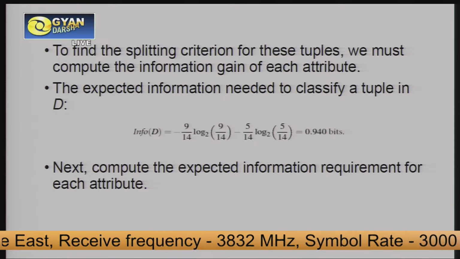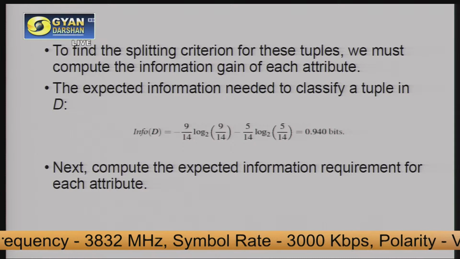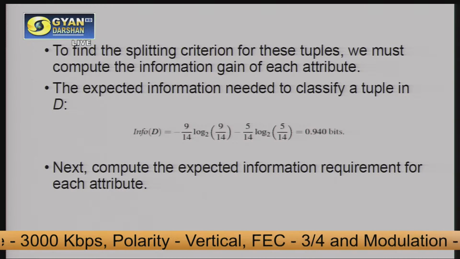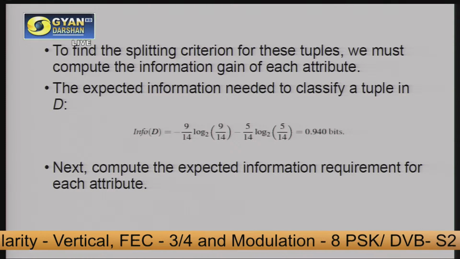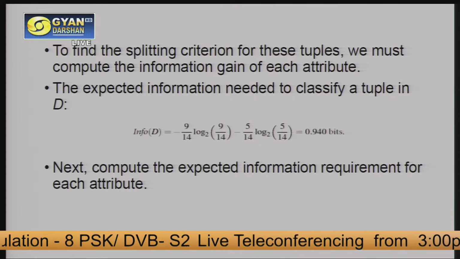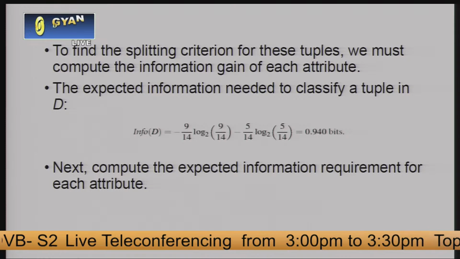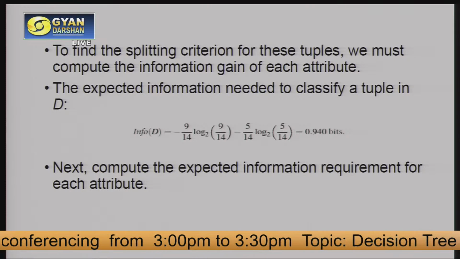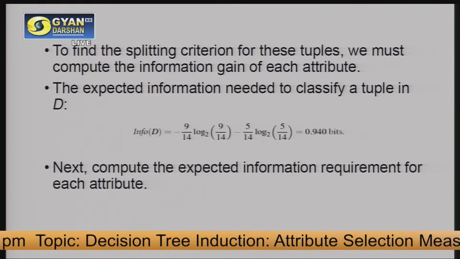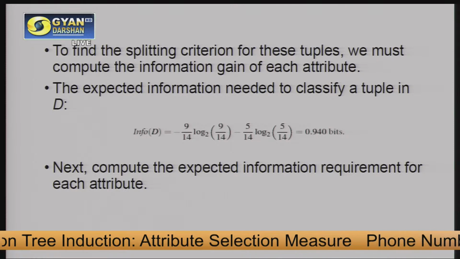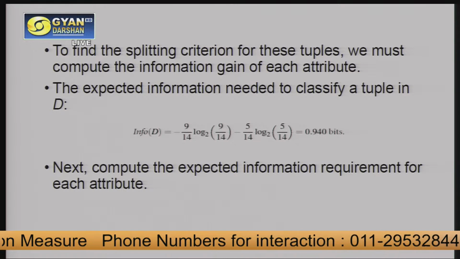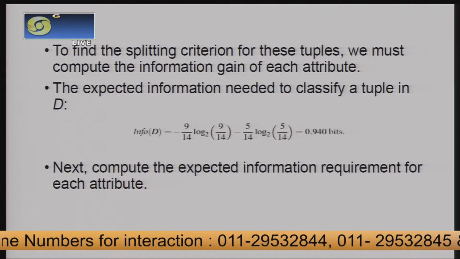So we will start with the expected information to classify a tuple in D, by the formula we have seen earlier. If you put in the values, we have Info(D) equal to minus 9 by 14, because 9 is yes and 14 is the total number of values we have, right? Then log base 2 of p_i, where p_i is 9 by 14, calculated for the yes, and then minus 5 by 14.